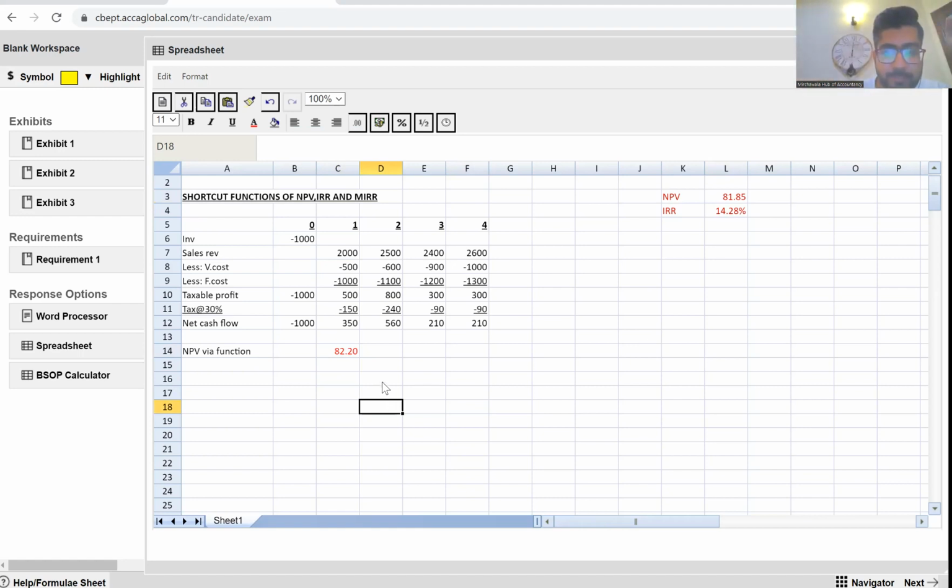Just writing equals to NPV, opening the bracket, writing cost of capital, comma, NCF year 1 till year 4 cell, bracket closed, plus NCF year 0 cell.